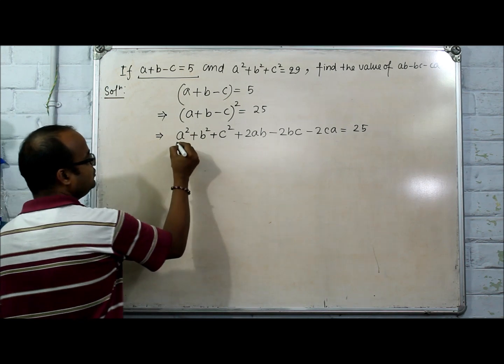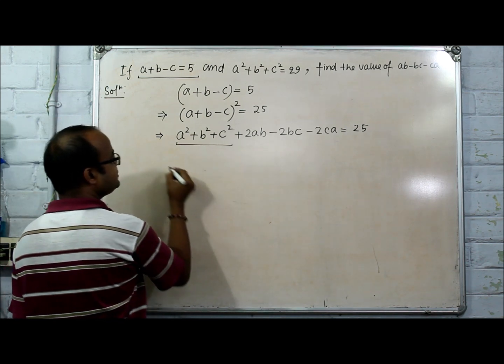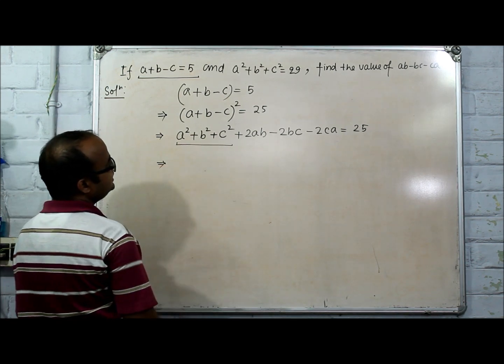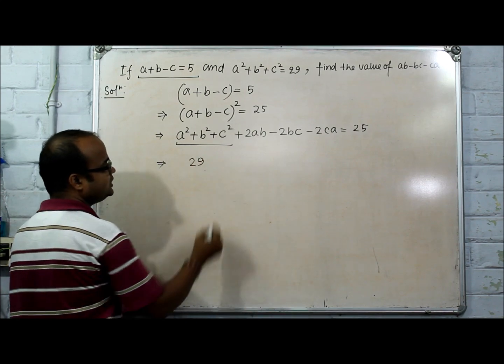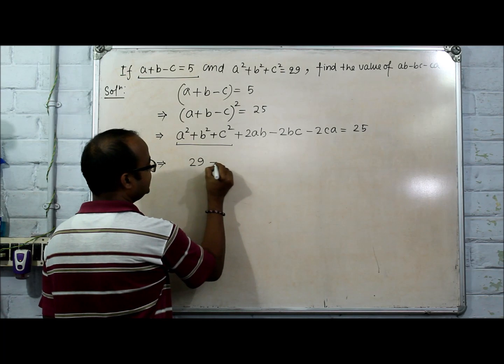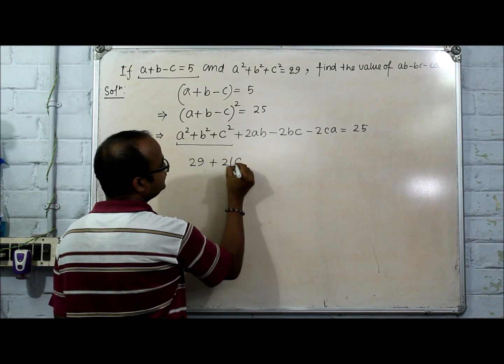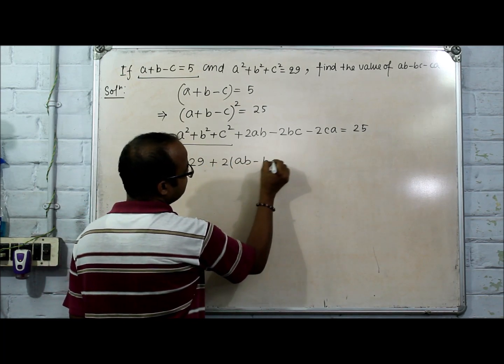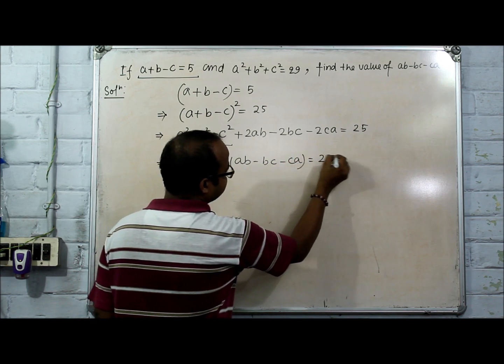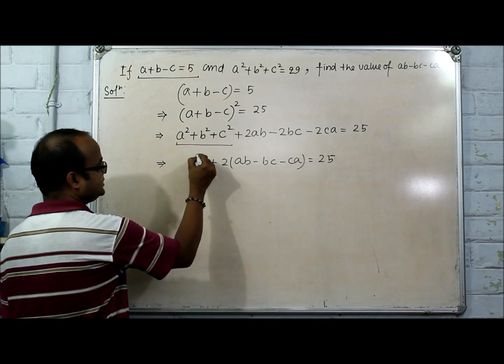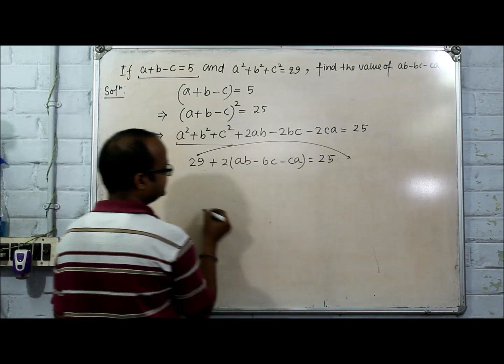Clear? Now a square plus b square plus c square is given as 29. So we substitute here. From these three we can take 2 common. So you get 29 plus 2 into ab minus bc minus ca is equal to 25. Now take this 29 to the other side.